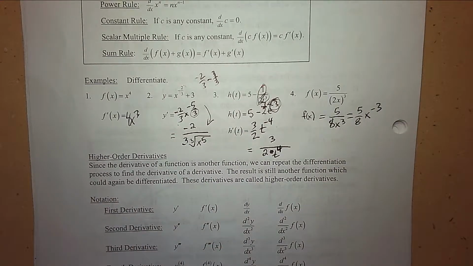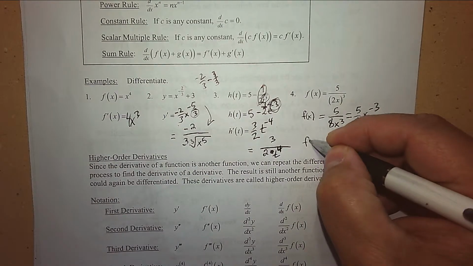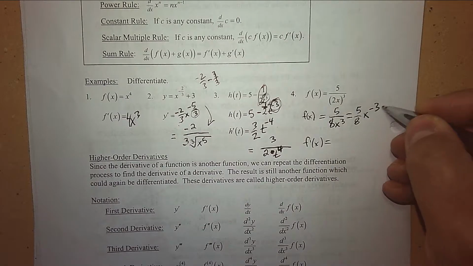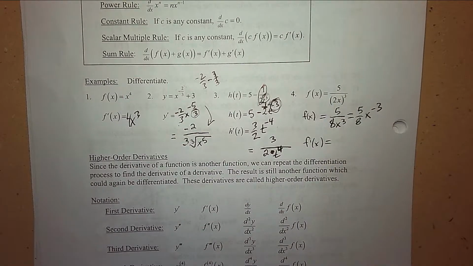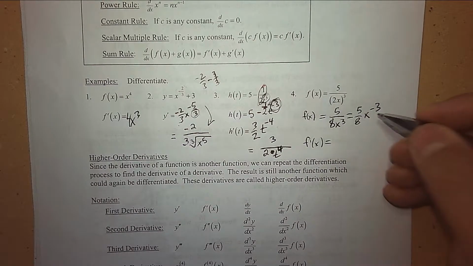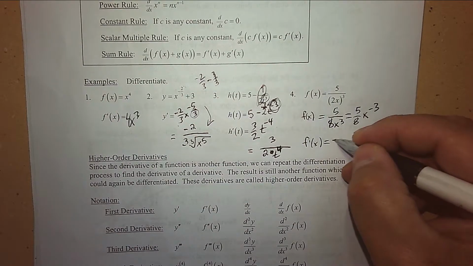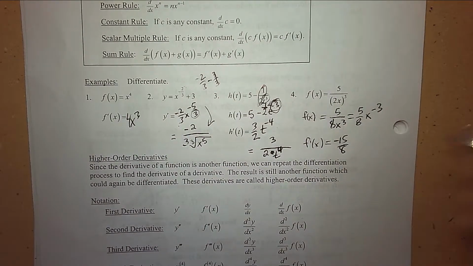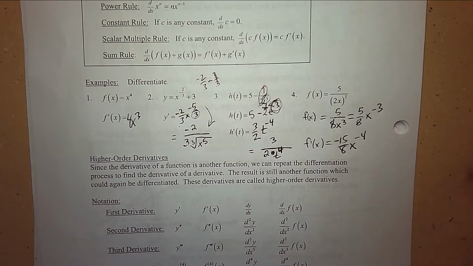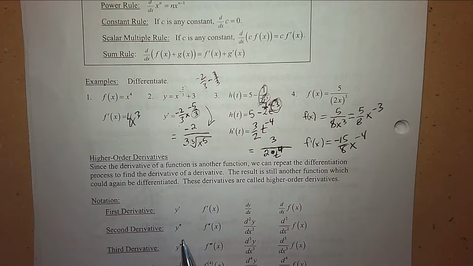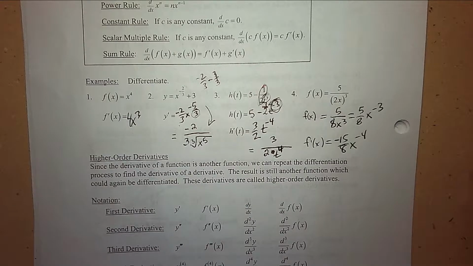Now it's written so you can do the power rule. What's the power rule to find the derivative? What's negative 3 times that fraction? That's just negative 3 times 5, which is over 8, no big deal, and then subtract 1. Done. I'm not going to write that as a fraction right now. Now, that's applying the power rule.